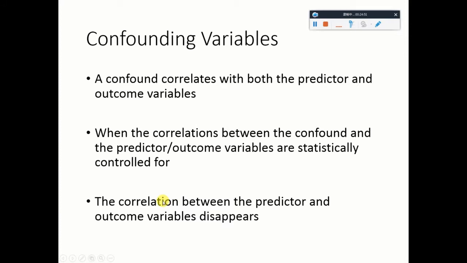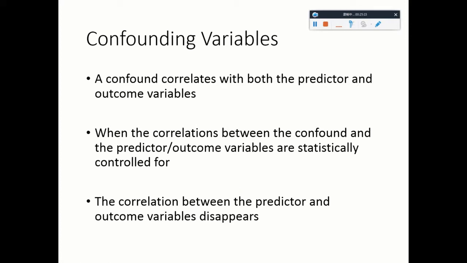The original correlation, that is, the correlation between the predictor and outcome variables, will disappear. Once the third variable fulfills all three criteria, we'll call this third variable a confounding variable.